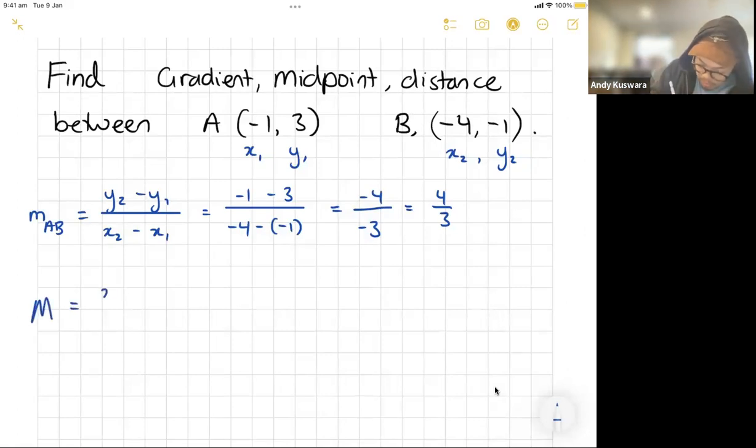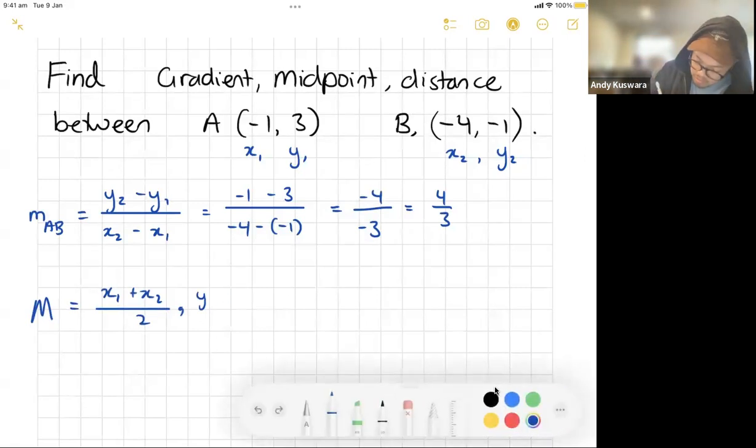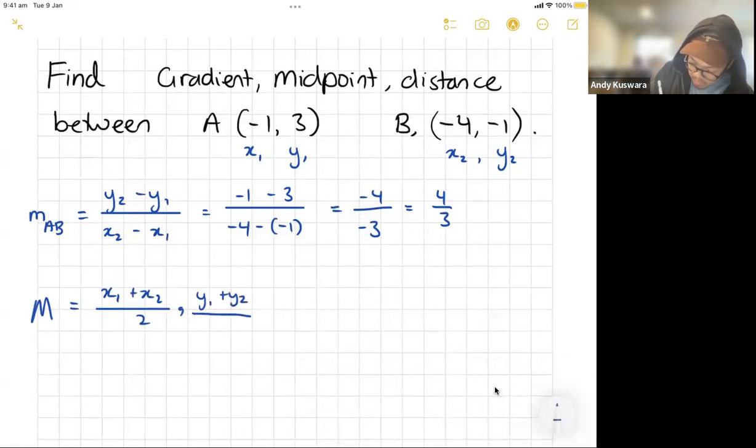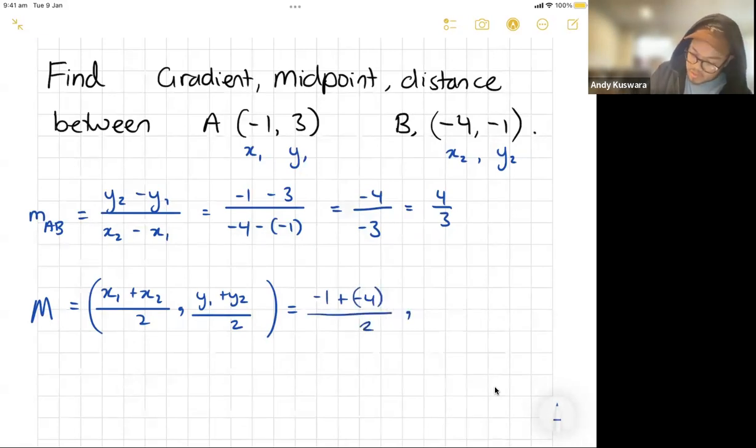Let's find the midpoint. We know the midpoint is given by x1 plus x2 on 2, and it's a point, so I also have a y bit, y1 plus y2 all on 2. For this one, it's going to be -1 plus -4 on 2, and then y1 plus y2, which is 3 plus -1 on 2.